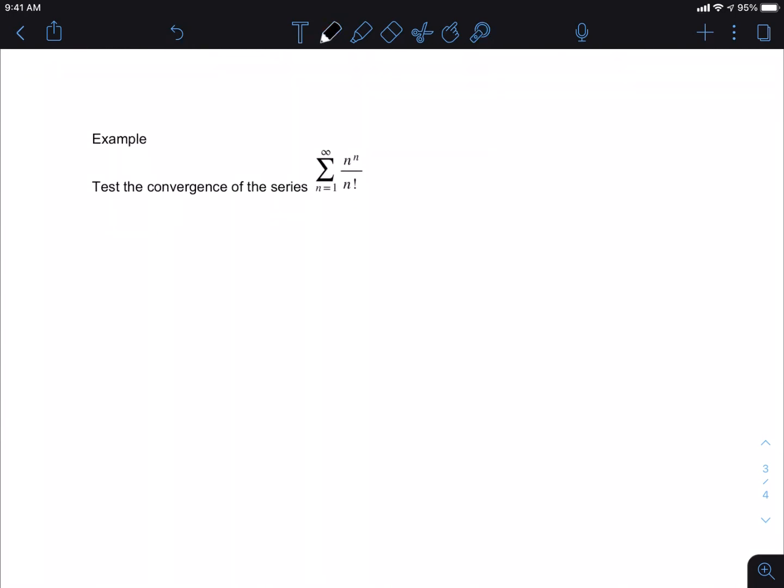So in this example here, I'm going to go a to the n is n to the n over n factorial. And then I'm going to go a to the n plus 1 over a to the n is equal to n plus 1 to the n plus 1 over n plus 1 factorial over n to the n over n factorial.